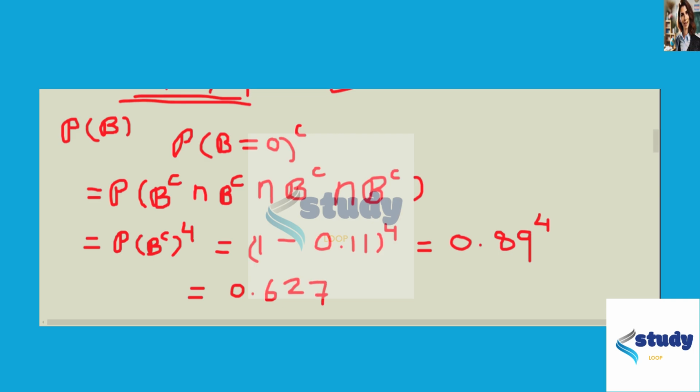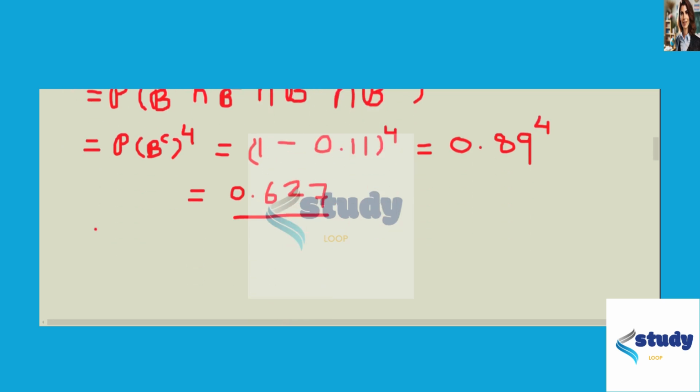This probability we have found is for no person having type B blood, but we have to find the probability for its complement. So the required probability, that is the probability that at least one person is type B, will be 1 minus 0.627, and which is equal to 0.373.